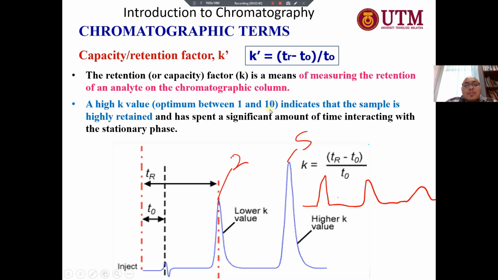Again, for measuring the retention factor, K equals the retention time of the peak minus the dead volume time, divided by the dead volume time. That is what we call the retention factor.